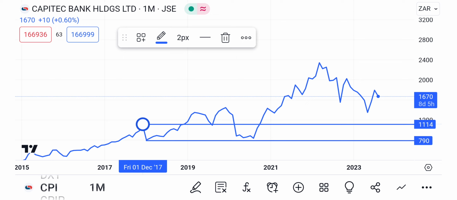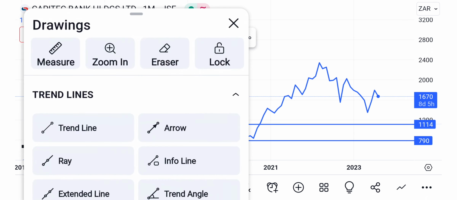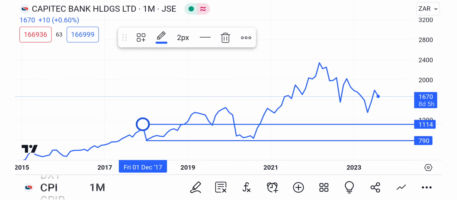Then it was broken through, the market went above it, then the market breathed in before it started to move up. Then this supply zone changed to become a demand zone.